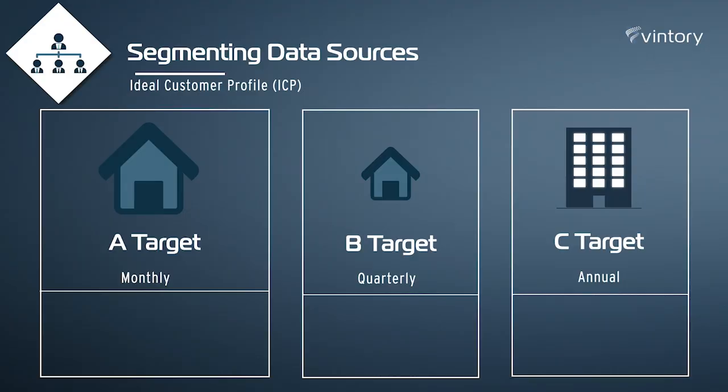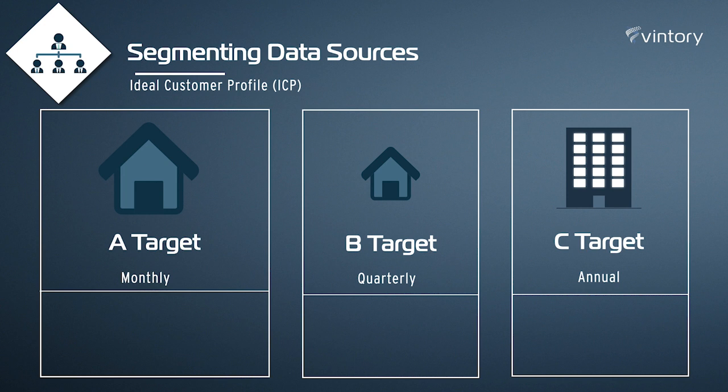All right, so we recommend segmenting your target list, and there's a couple ways to segment. So first up, we're going to talk about segmenting your list based on your ideal customer profile or ICP. So we segment our ICP by A targets, B targets, and C targets. Now, many people think that these are sorted by the highest revenue generators, so the highest gross booking revenue.